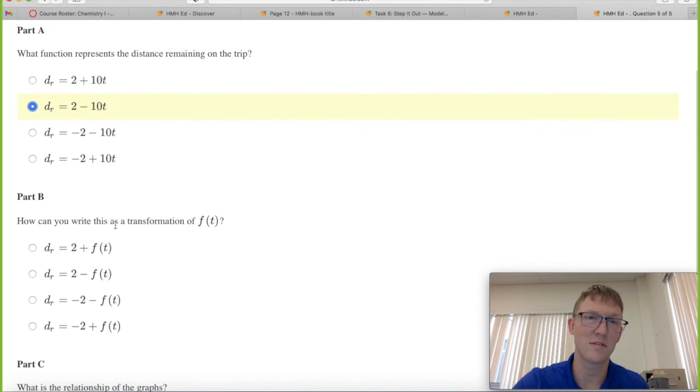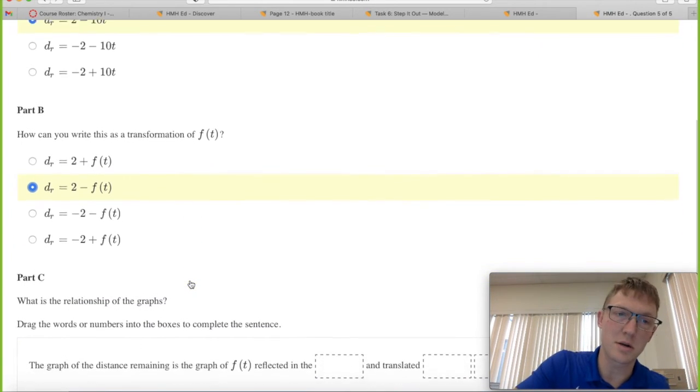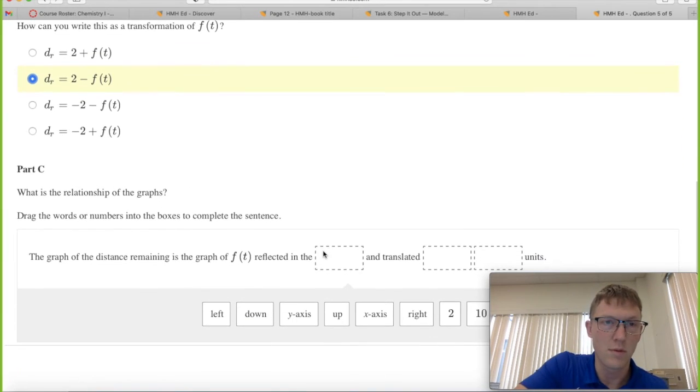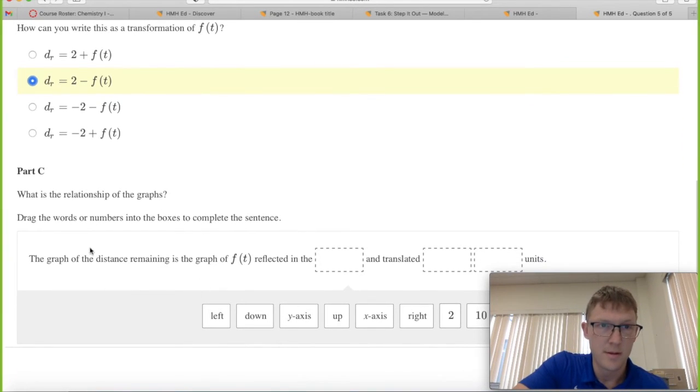How can you write this as a transformation of f of t? 2 minus f of t. I was going to say, you could also say like negative f of t plus 2. Might make more sense if we're trying to graph it, but whatever. So drag the words, the numbers to complete the box. Okay.